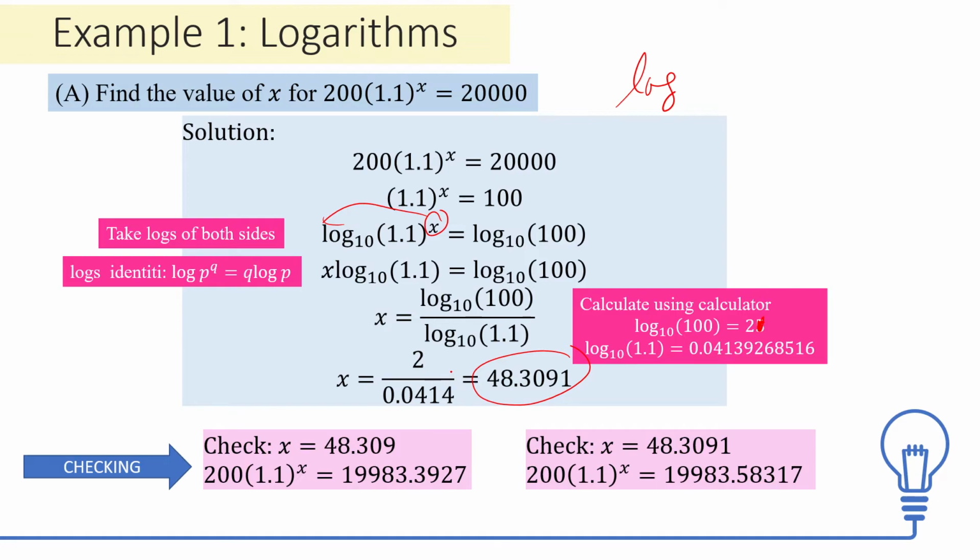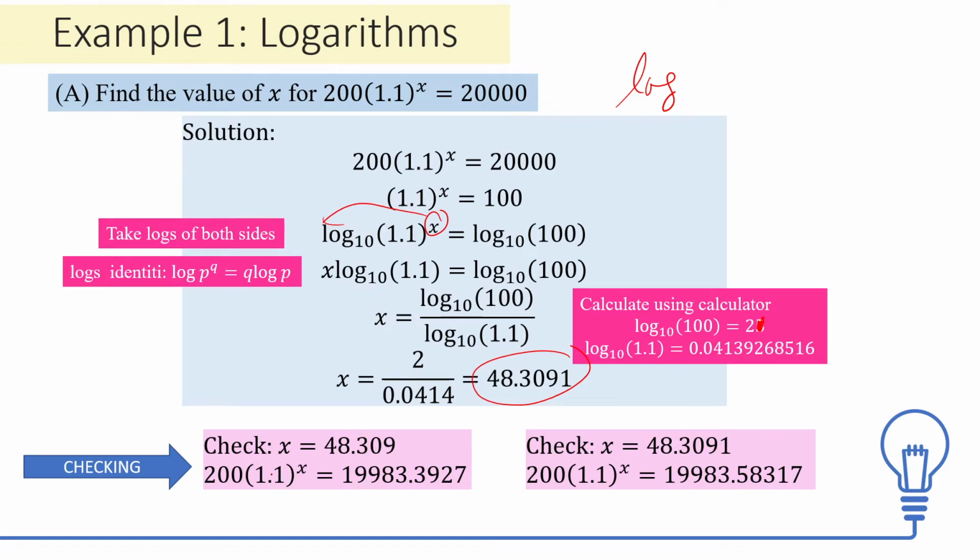Okay, now, with logarithm you need to do checking. If you see, when I do checking, I have 2 different ways. That means I just want to show you what happens if we truncate our answer. One I use 48.309, another one I use 48.3091.